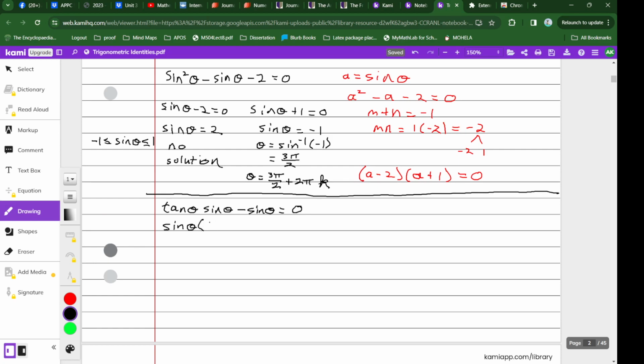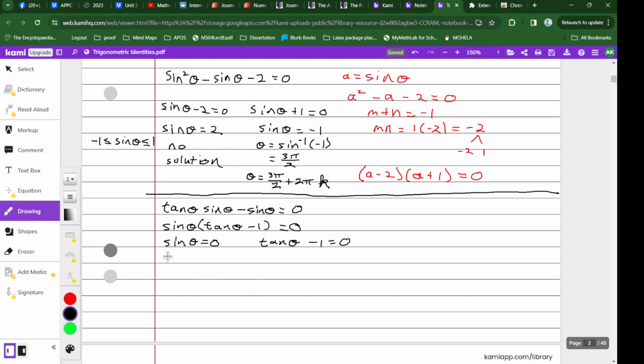So that would give me sine theta, then tan theta minus 1 is 0. And now the zero product property tells me that the sine of theta equals 0, or tangent theta minus 1 equals 0.